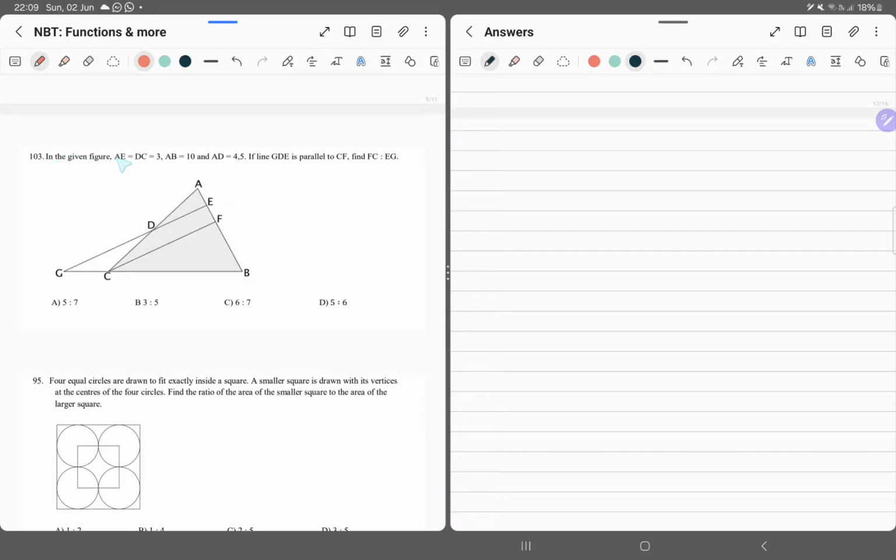In the given figure, AE is equal to DC and equal to 3 units. So this is 3 units. Now AB is equal to 10 units.